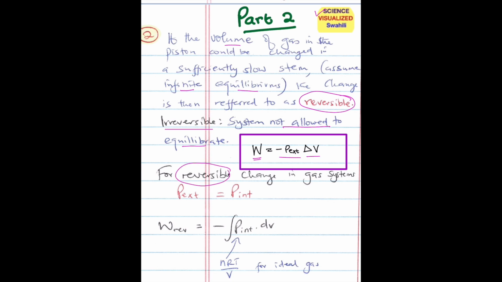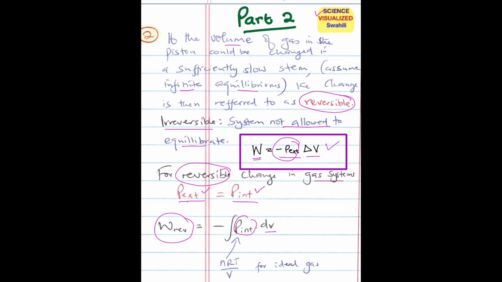For reversible work, pressure external equals pressure internal, so those two pressures are equal. So we can now determine the reversible work under these reversible conditions. From this equation we saw that work equals minus P external times change in volume, but now we know that P external equals P internal, so we'll just replace P external with P internal, so it equals minus P internal times change in volume.